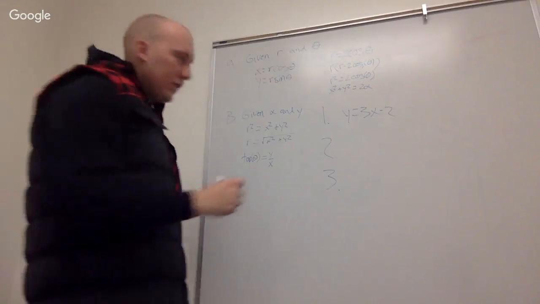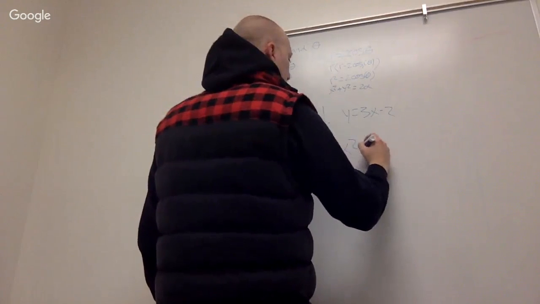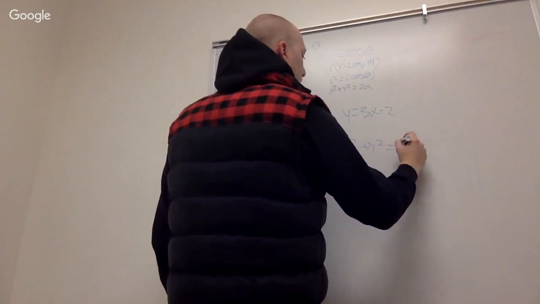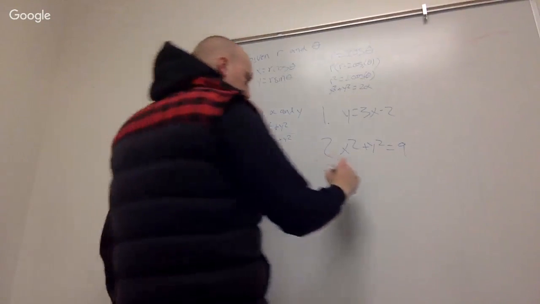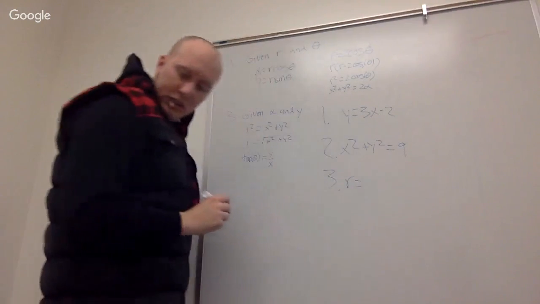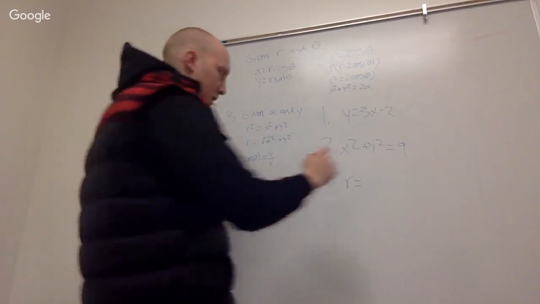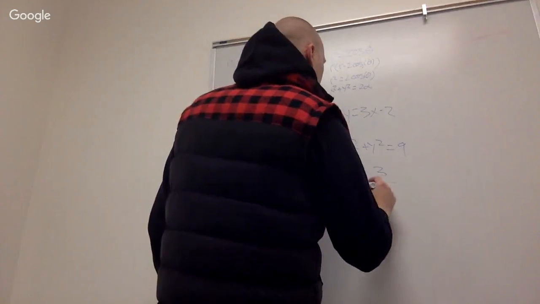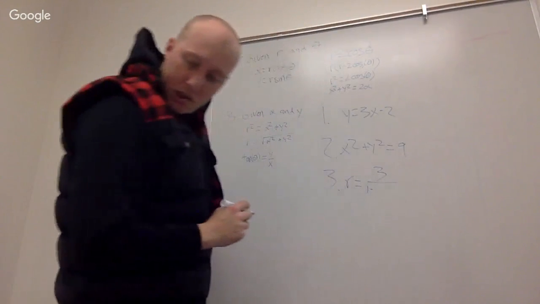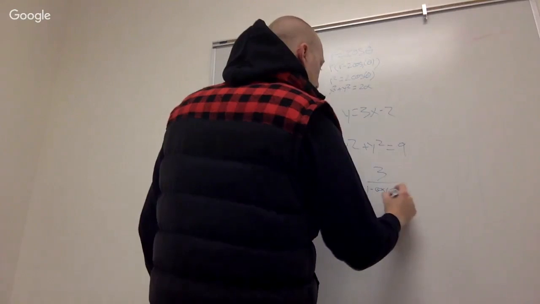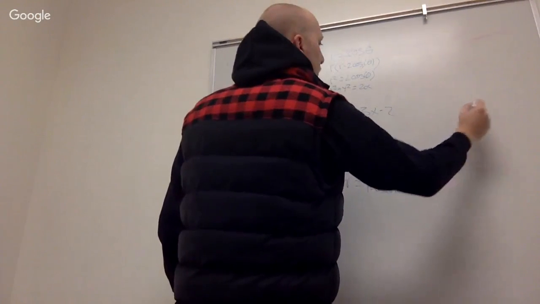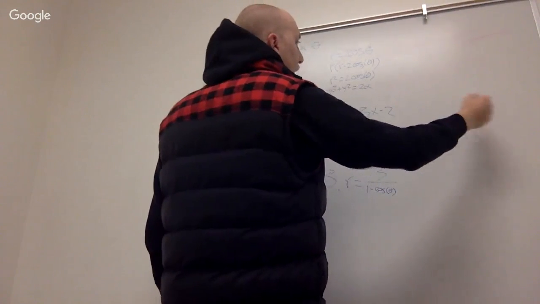The next one is x squared plus y squared equals 9. And the last one is r equals 3 over 1 minus cosine theta. And we have to convert them to polar or rectangular form, to what the answer is.